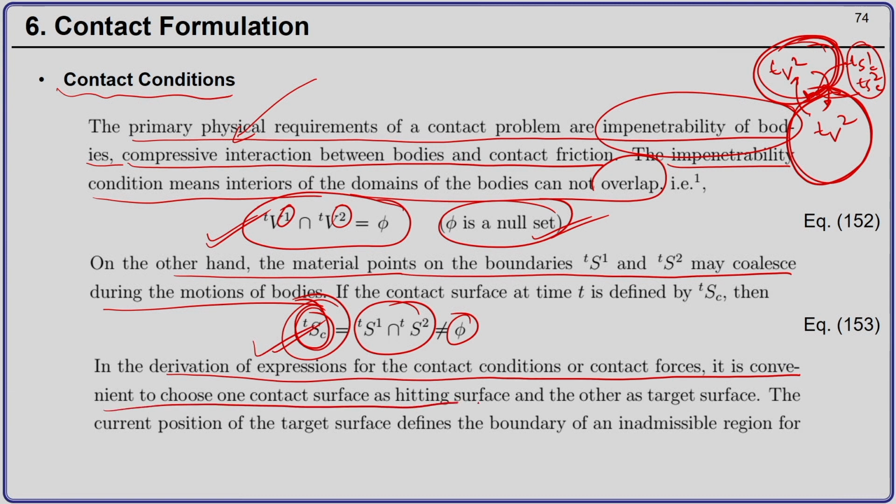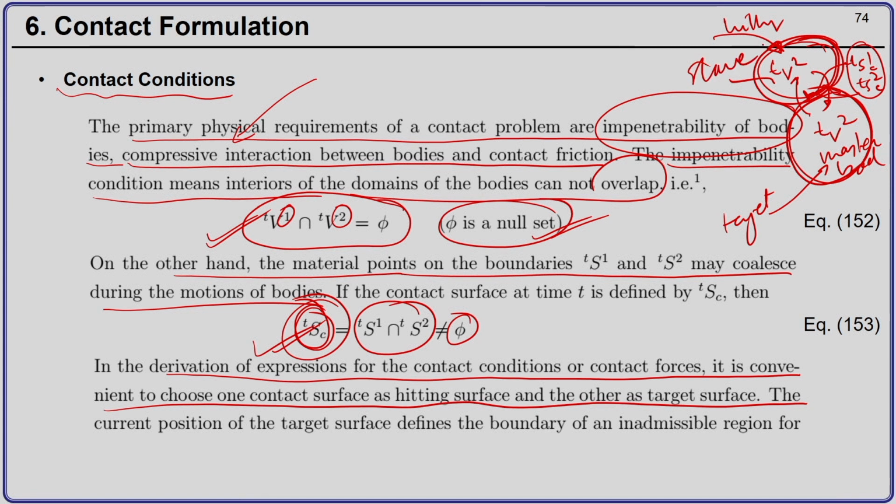Now, in the derivation of the expression for the contact condition or contact forces, it is convenient to choose one contact body as the hitting surface, while the other as the target surface. So, when you do contact analysis, one body is always chosen as the hitting body and the other body is chosen as the target body. So, this is also called the master body and this is the slave body.